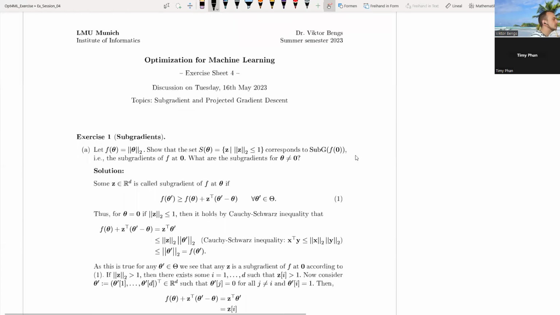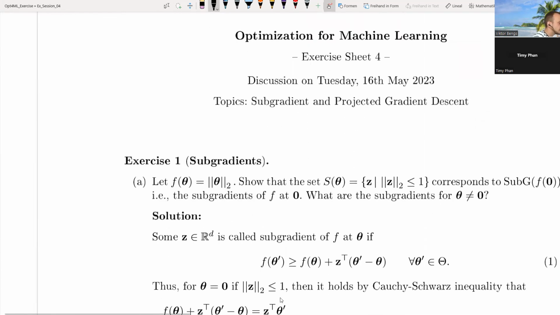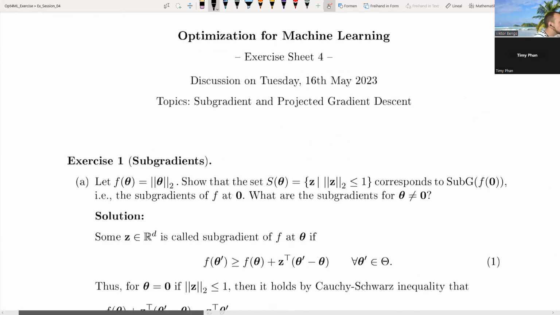But I would suggest that we go over the two theoretical exercises, and then we will make sure that we still have time to look at both practical exercises, the one on the current exercise sheet and the one on the previous one. All right, so what we want to start first is an exercise about subgradients.